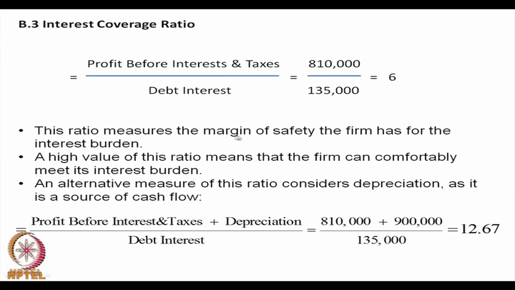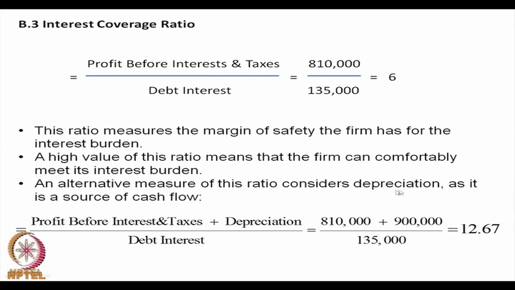The ratio measures the margin of safety the firm has to meet its interest burden. A high value of this ratio means that the firm can comfortably meet its interest burden. An alternative measure of this ratio considers depreciation as it is a source of cash flow.